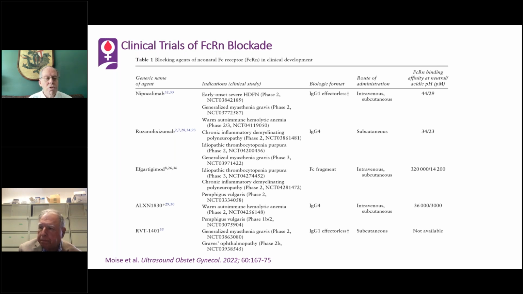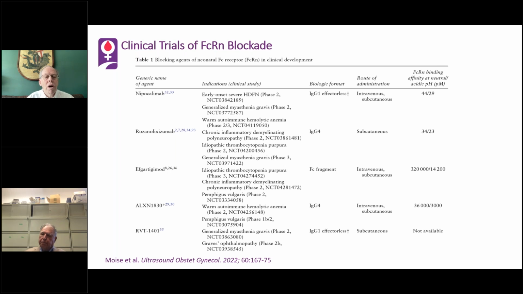Nipocalimab and rozanolixizumab, which are the other ones that have been used the most, are so-called effectorless IgG molecules. Rozanolixizumab is effectorless because it's an IgG4, and nipocalimab is an IgG1 that has been deglycosylated. And there are others being tested as well.